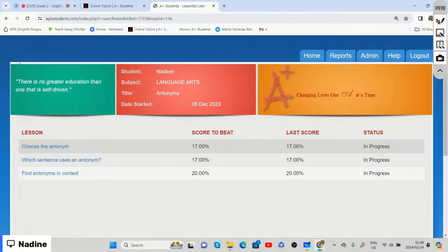We said that antonyms are words with opposite meanings, and we made examples, for example, the opposite of mom is dad, the opposite of cold is hot, big and small, and so on.